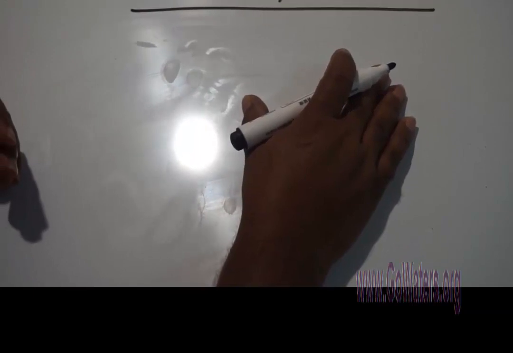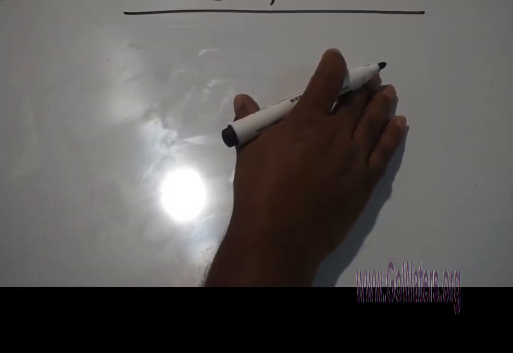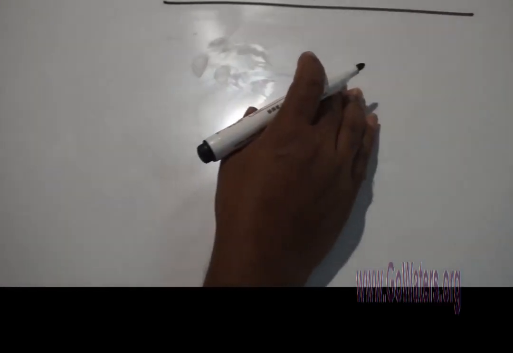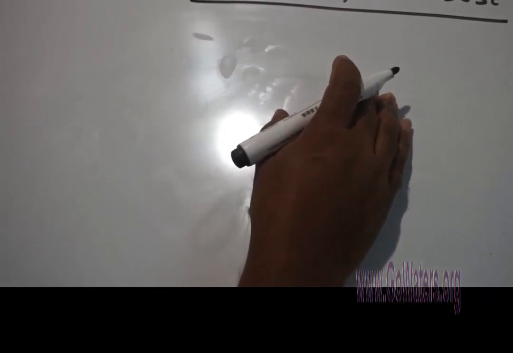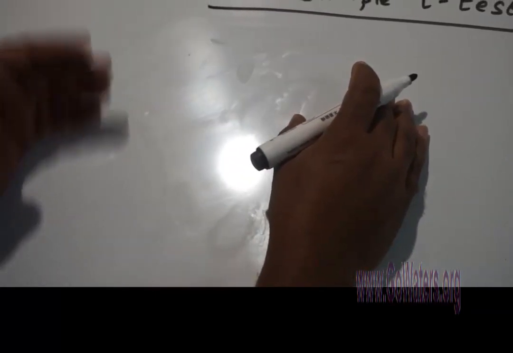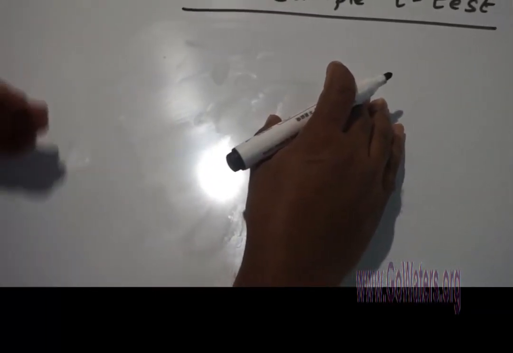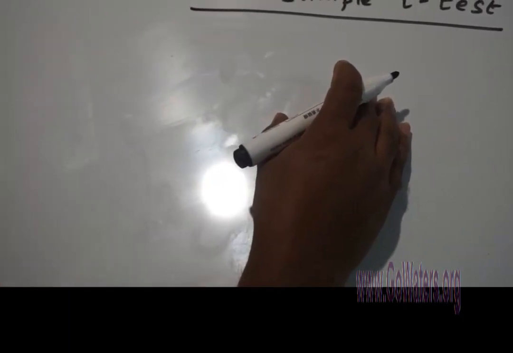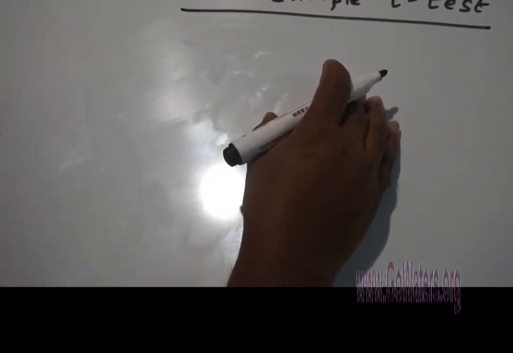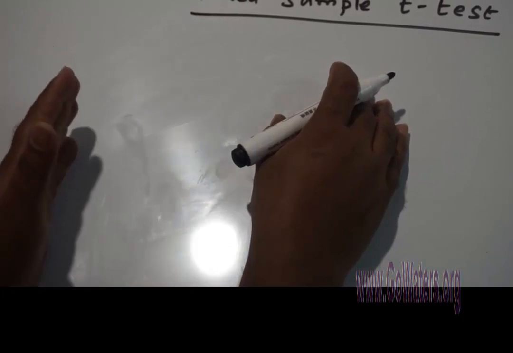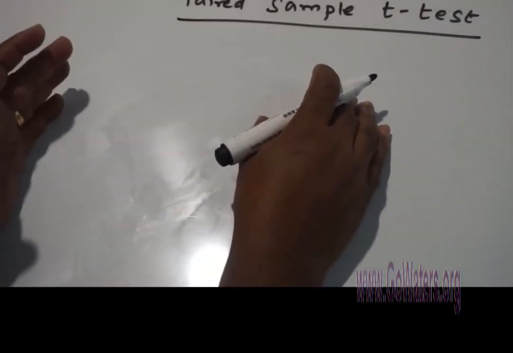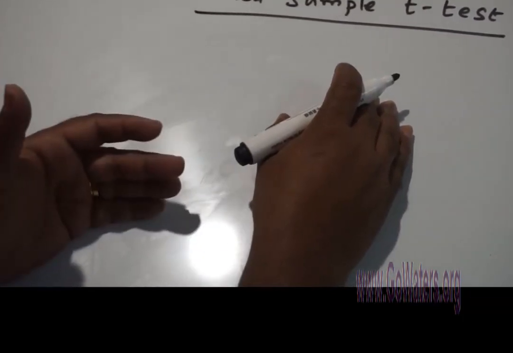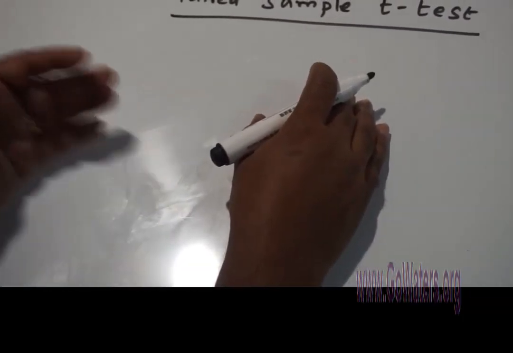The effectiveness of the drug is that it has to decrease the glucose level. So it has to reduce the points. What they will do is take diabetic patients and measure their glucose level, and then ask them to take that particular medication for one or two weeks, or a month, and then ask them to come back.